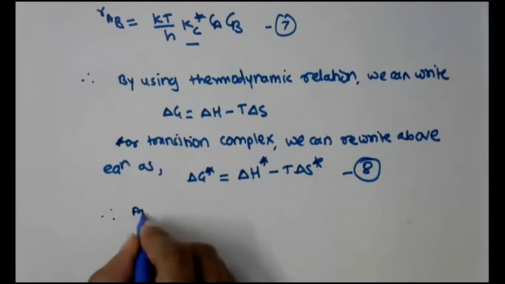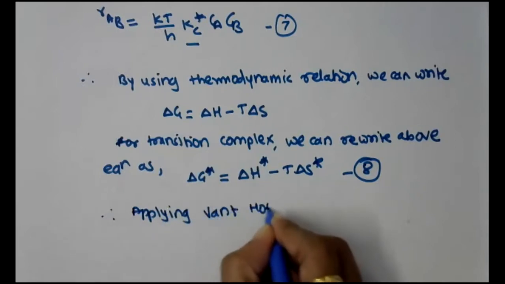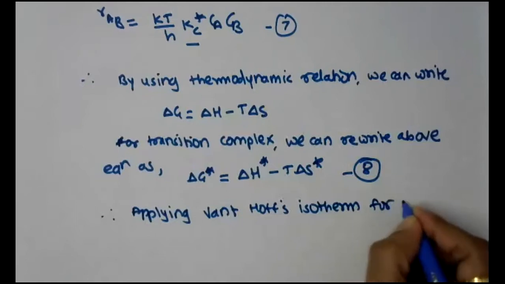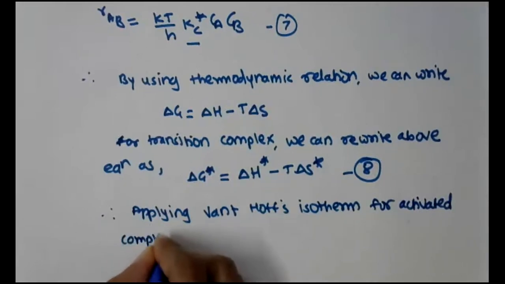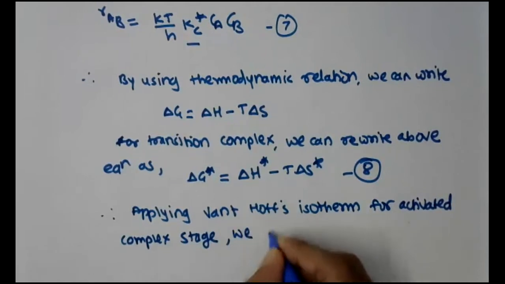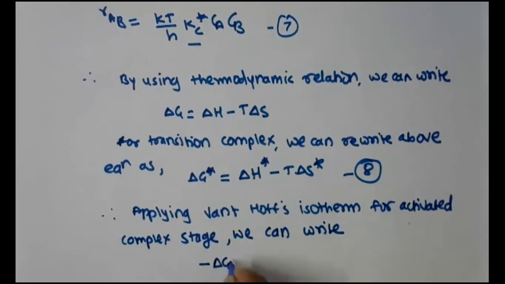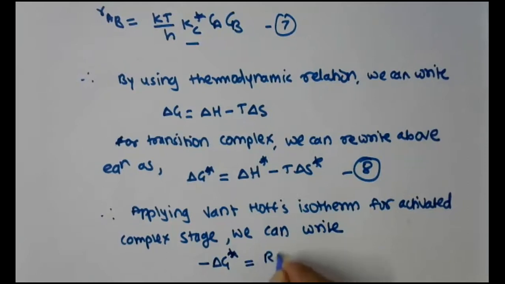So applying Van 't Hoff's isotherm for the activated complex stage, we can write minus delta G star is equal to RT ln of Kc star.